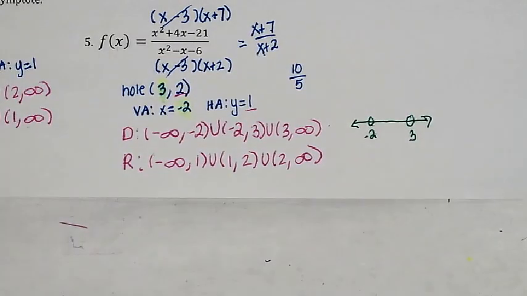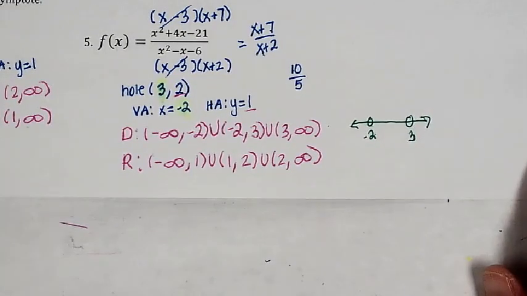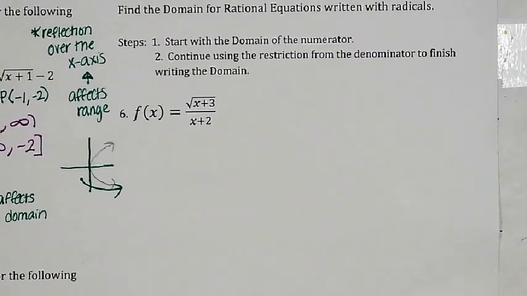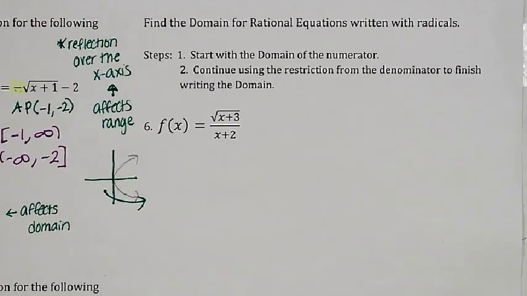Alright, last one. Finding the domain for rational equations written with radicals. So start with the domain of the numerator. So we're just looking at square root of x plus 3. It's like what we just did on this side.